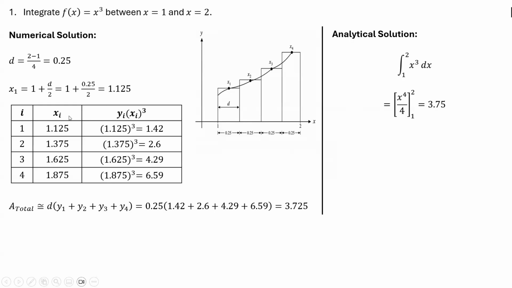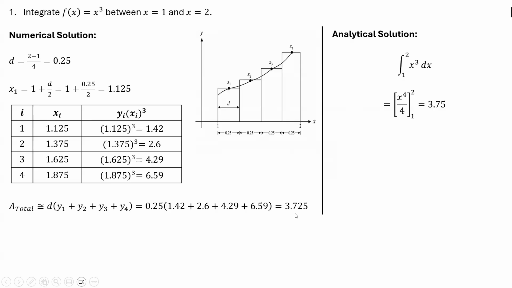And if we put all the values of xi into the equation, we find all the results, which are 1.42, 2.6, 4.29, and so on. We add all the values and multiply with the width, and we find our total value, which is 3.725. If we do our analytical solution from calculus, we find that the value is 3.75.